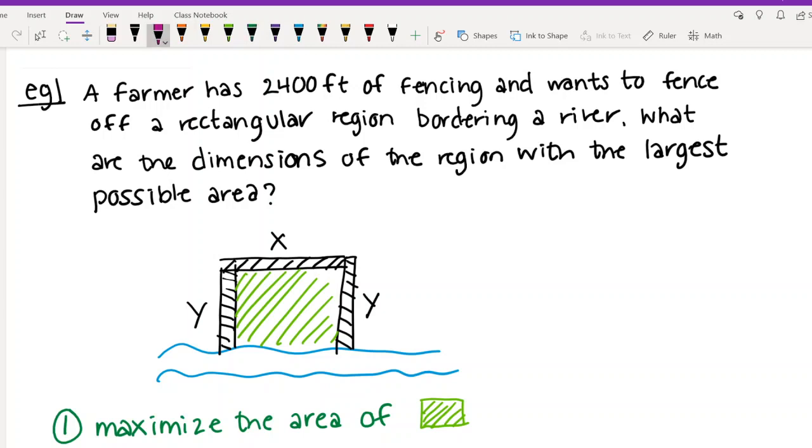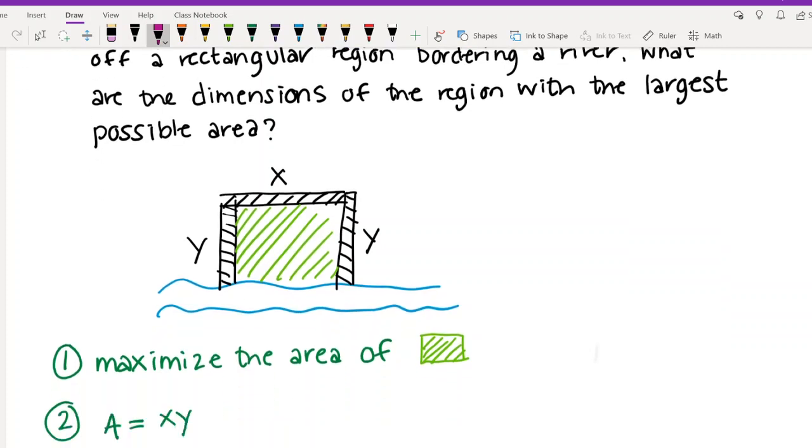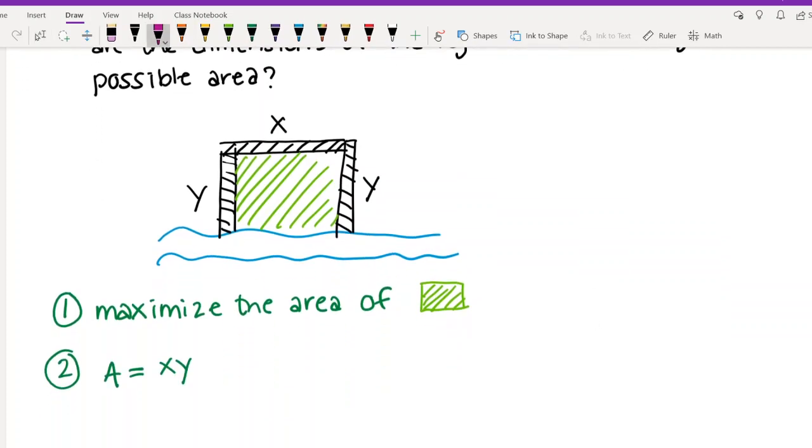It tells us that we have 2,400 feet of fencing. So what does that mean? When we wrote down this formula, A is equal to x times y, we're talking about area, but the 2,400 part comes from length. That's the length of all of these pieces of fence.